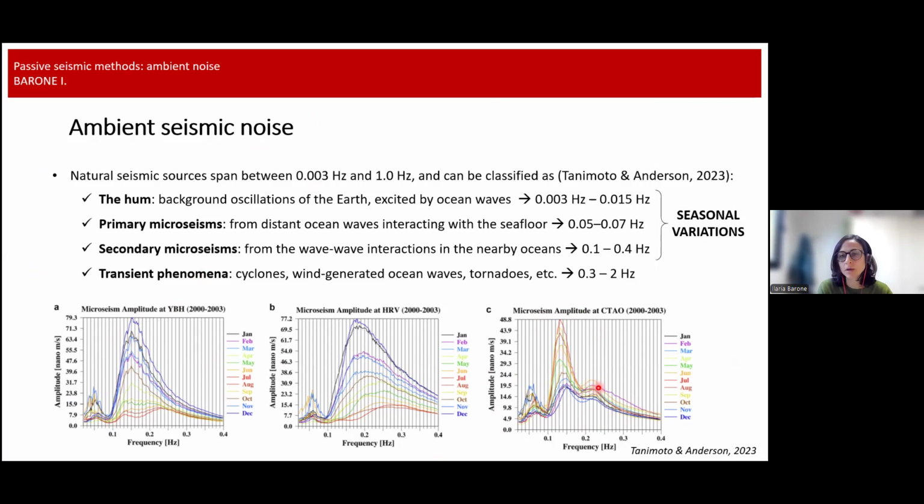So we could have two different peaks for the secondary microseismic range. We have seen that we have a strong seasonality, and this seasonality includes the hum, the primary microseismic, and the secondary microseismic range, not the transient phenomena, which by definition are transient. These seasonal variations will need to be taken into account.